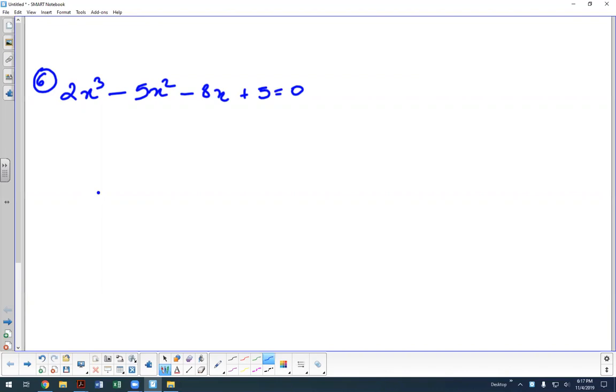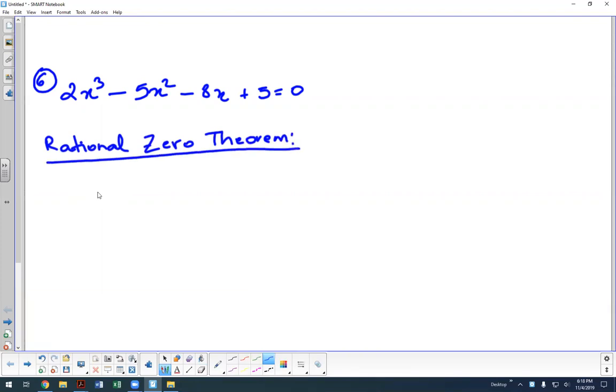So we'll start with our rational zero theorem actually. So the first thing we'll do is start with factors of positive 5.